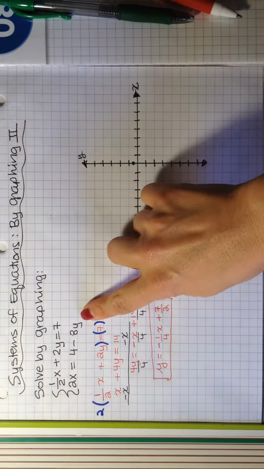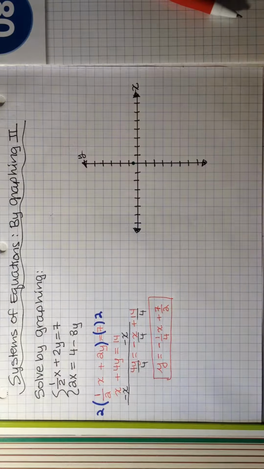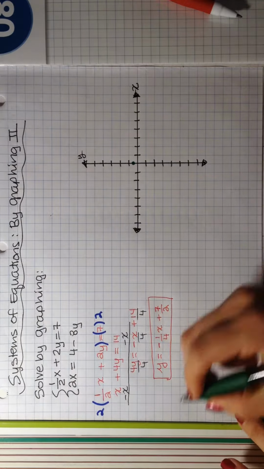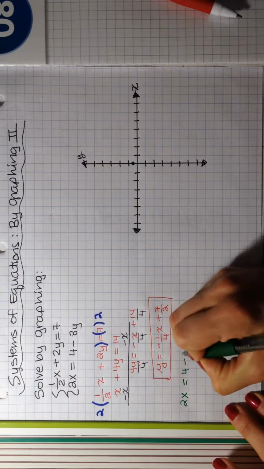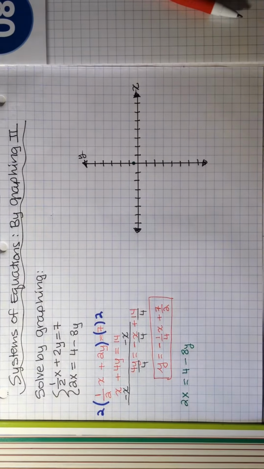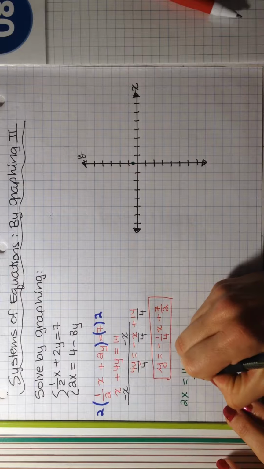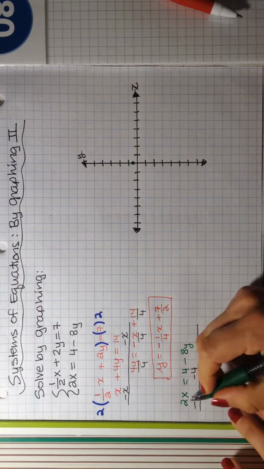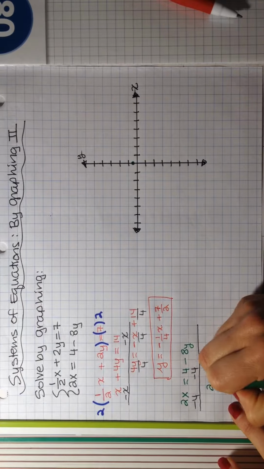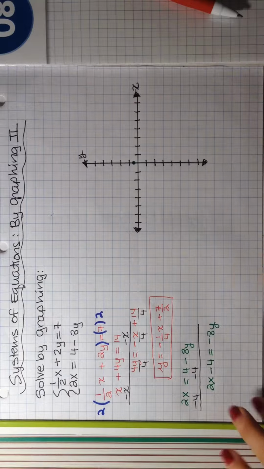Next equation, we want to, again, solve that for y. Let's write out the next equation. So we have 2x is equal to 4 minus 8y. Okay, first thing we're going to do to solve for y is subtract 4. That gives us 2x minus 4 equal to negative 8y.